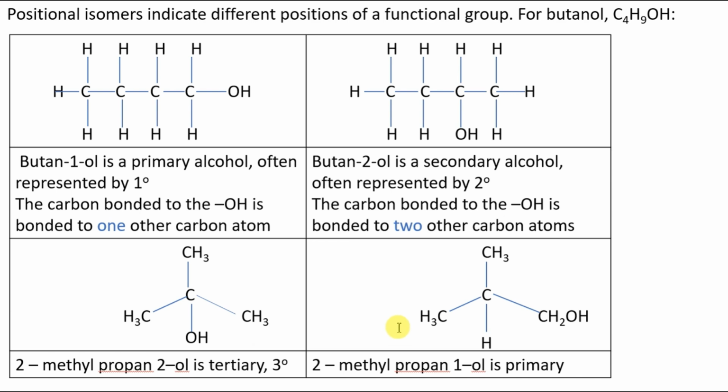One more possibility, I think easy to miss, but I could have 2-methylpropan-1-ol. My OH group on one of the ends of the chain, but I'm still basing my structure on methylpropane. 2-methylpropan-1-ol is primary. The carbon with the OH is bonded to 1 more carbon atom.